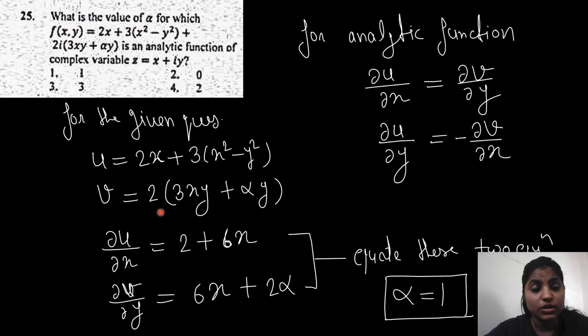And after differentiating v with respect to y, you will get 6x plus 2 alpha. So when you equate these two, 6x will cancel out and you will get alpha is equal to 1. So alpha is equal to 1, which means option 1 will be correct. Now let's move towards the next question.